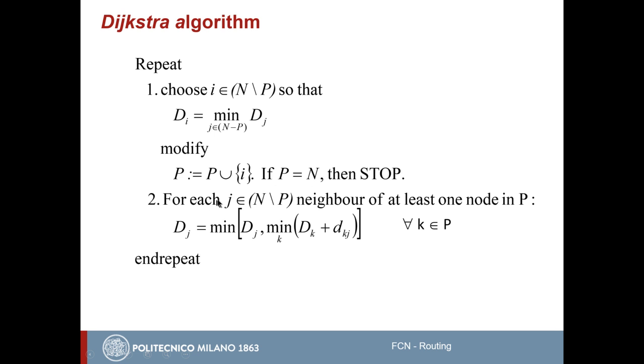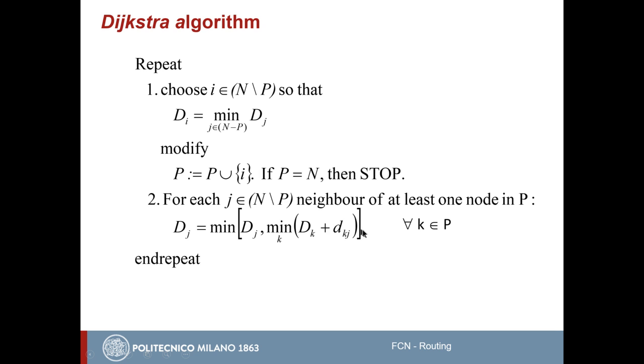So for all these nodes which are not in P but are neighbors of P, we have to do this update of the distance. The new value of the distance will be the minimum between the old value of the distance and the minimum that is calculated similarly to the Bellman-Ford algorithm, but considering only nodes that are inside P. Okay?